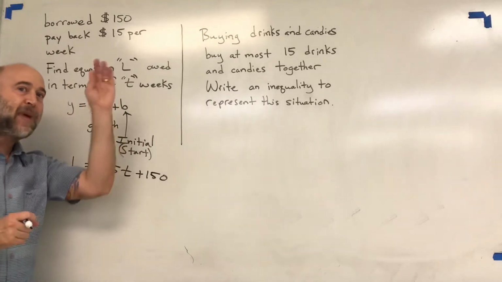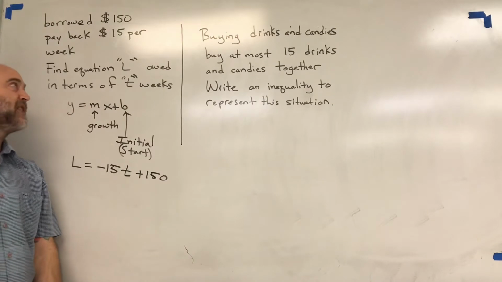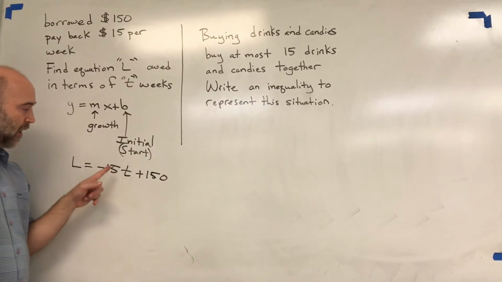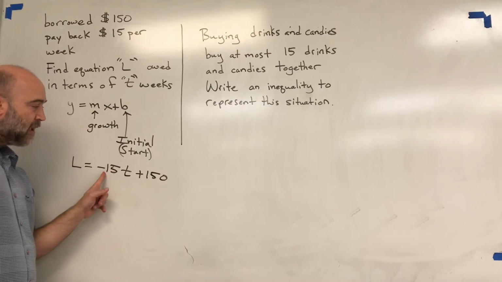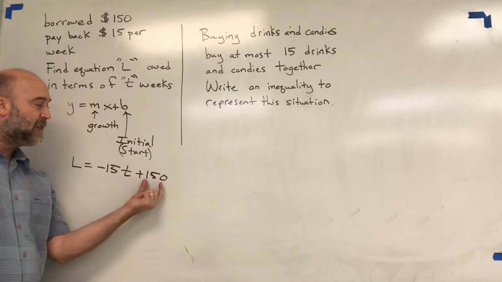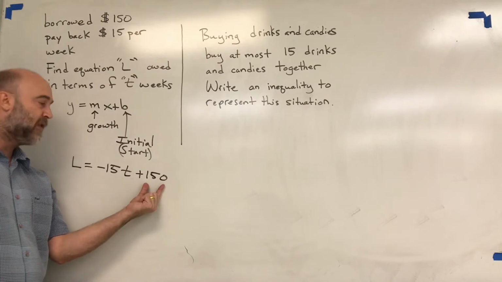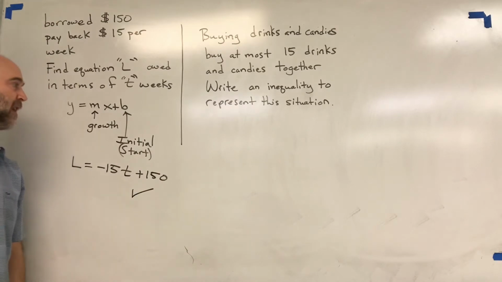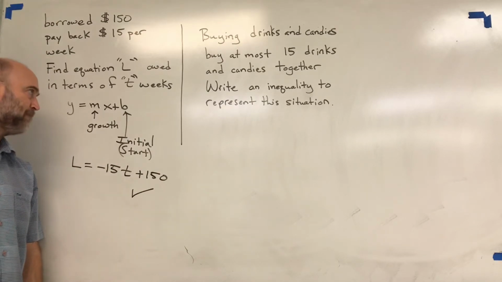After 1 week, I pay them $15 back. That leaves $135. So if I put 1 in here, 1 times negative 15 is negative 15, and negative 15 from 150 is 135. That confirms I've set up the correct equation representing the situation.